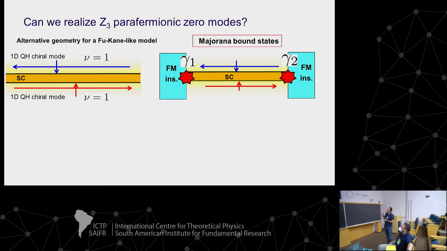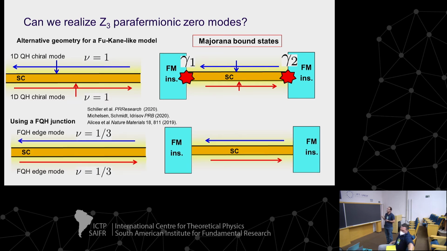That's known, the so-called Fu-Kane-like model. But if you replace these chiral quantum Hall modes by fractional quantum Hall modes, like nu equals 1/3, you now will get Z3 parafermions instead of Majoranas. So that's one of the routes that has been thought of in order to realize these Z3 parafermions.